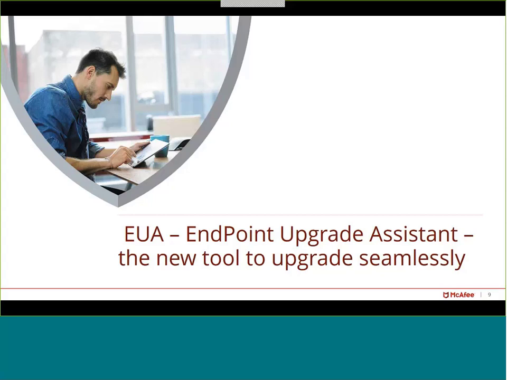It's called Endpoint Upgrade Assistant, and it is truly your assistant. It's going to help you get through your upgrades, understand where your systems are at, understand your hardware constraints, and get you there with minimal effort. And I'd like to walk you through this product now and show you exactly how it works.